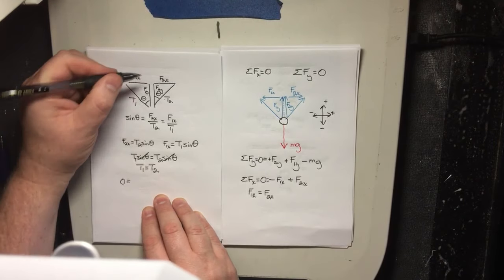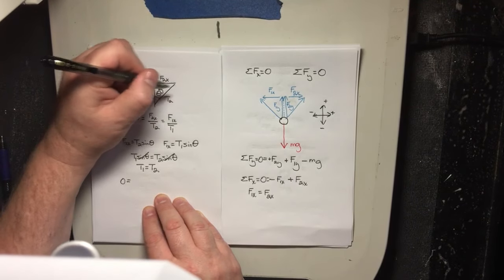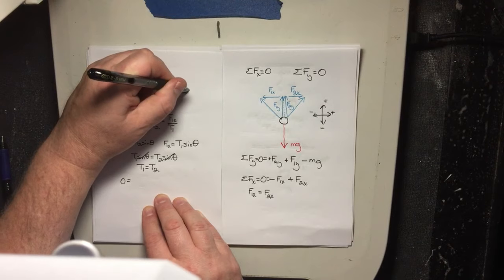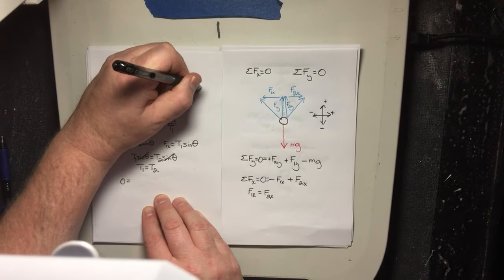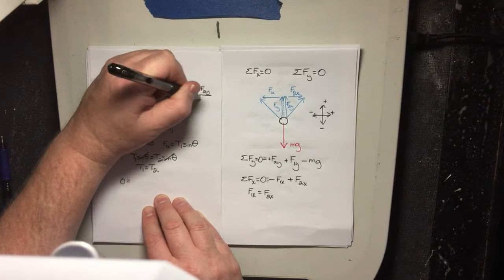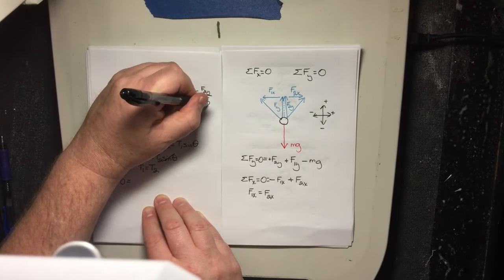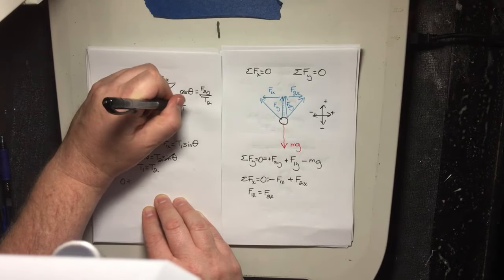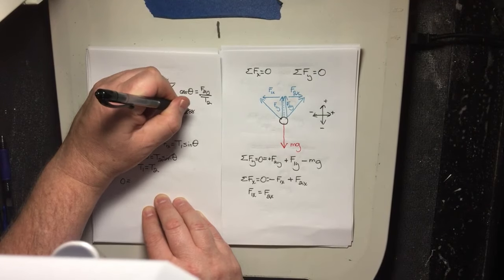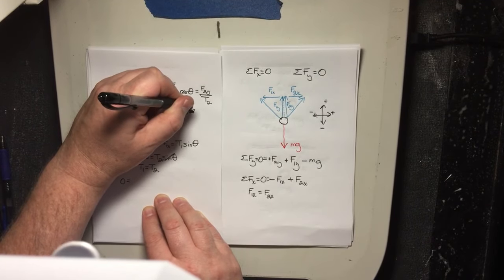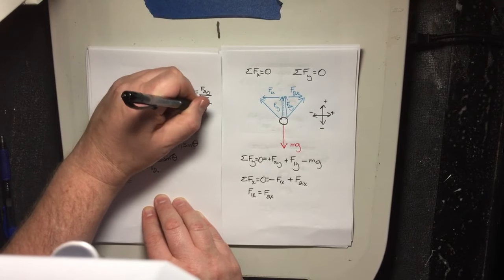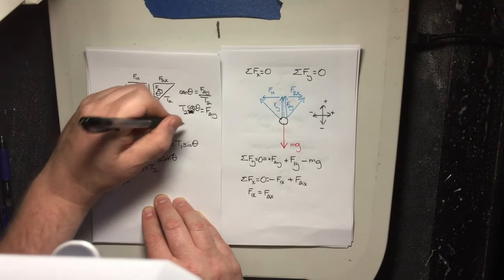0 equals F2y. Cosine theta is F2y over T2, so T2 cosine theta is equal to F2y.